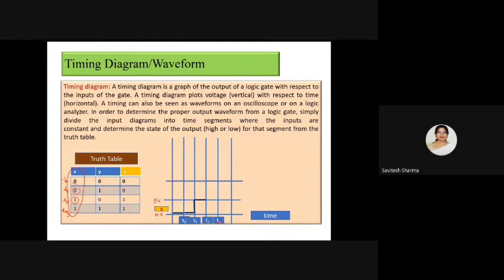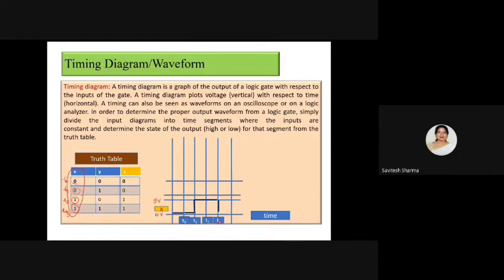As x is 1, I will take this level at 5 volt. At T3, your x is again 1, so again you draw the line at voltage level 5. That's it, only 4 states are there. I am drawing up to 4 states, and you can continue for more time also. For explanation, I am showing only T0, T1, T2, T3.